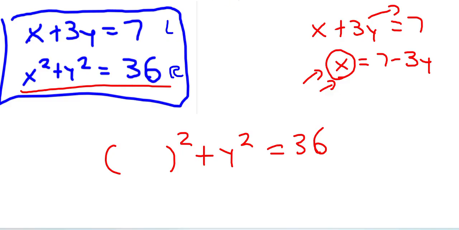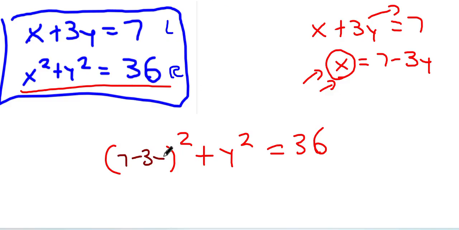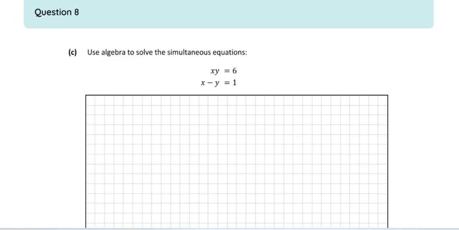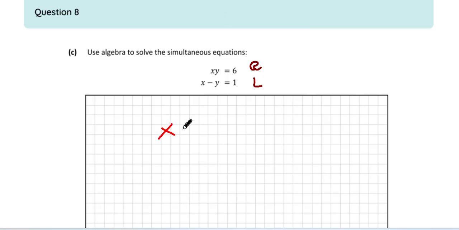And what do I slot in here then? 7 minus 3y. Alright? Okay. Now, do you see the way it's x multiplied by y? That makes that one the quadratic. And see the way this is x minus y equals 1? That makes it the linear. Now, using the linear, which letter would you like to get on its own?